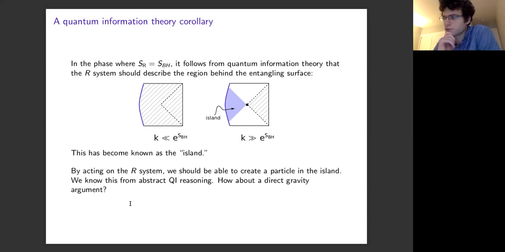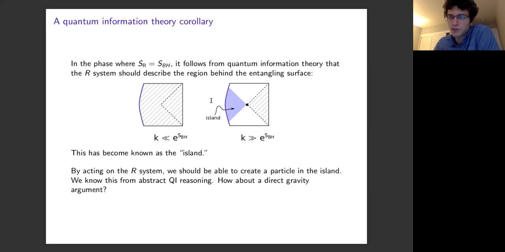Yeah, so the way the argument goes is something like this. Let's put some object somewhere in the entanglement wedge. So let's put a spin here somewhere, and let's entangle that spin with some other reference system.